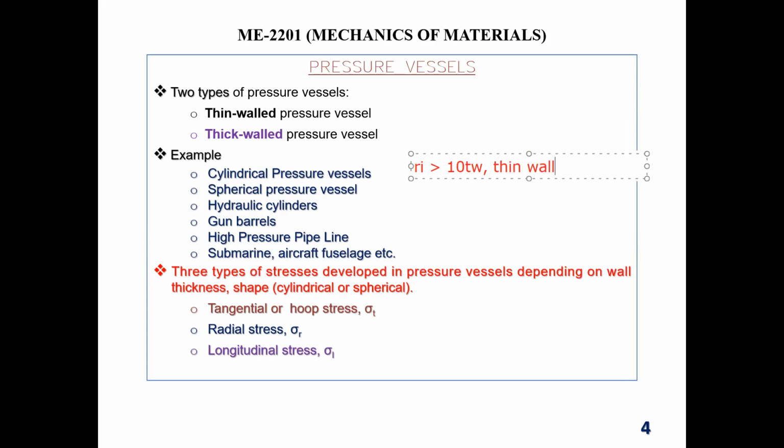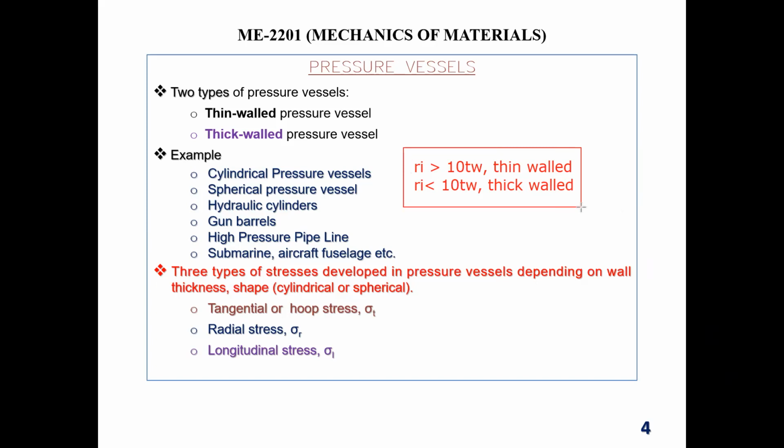But if Ri is less than 10 T, then we'll call it thick wall pressure vessel. Okay, so this rule will apply to identify which pressure vessel is thick and which one is thin. Because for thick wall, you have one formula, for thin wall, you have another formula.